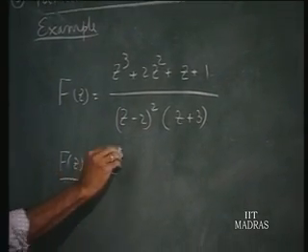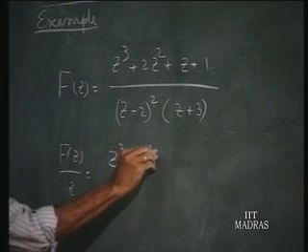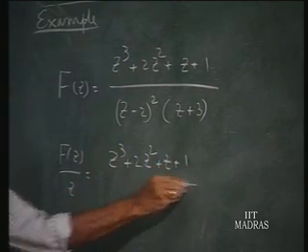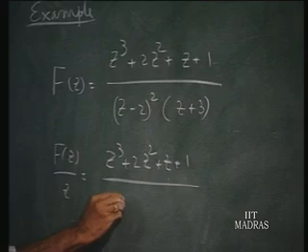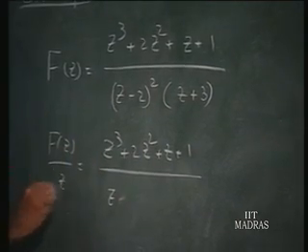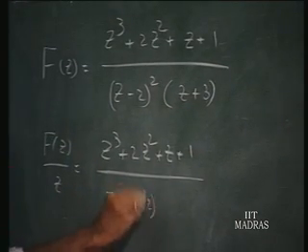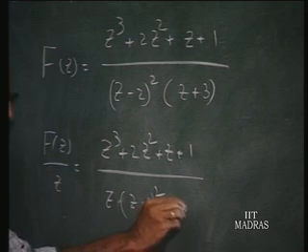So you have (z cubed plus 2z squared plus z plus 1) divided by, because we introduced a z here, z times (z minus 2) whole square times (z plus 3).